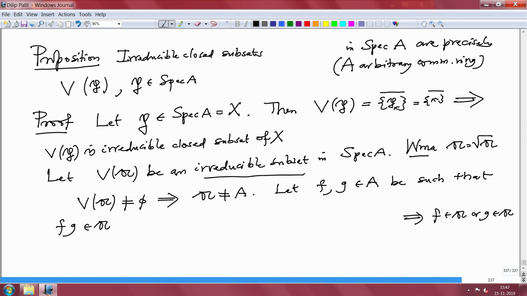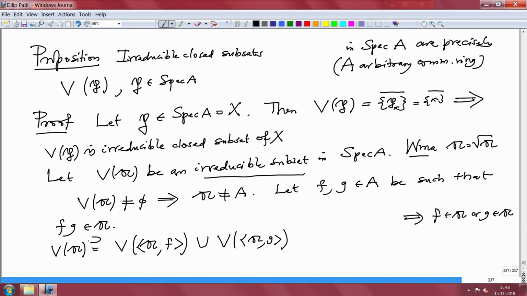So, look at V(A). V(A) contains V of the ideal generated by A and F, union V of the ideal generated by A and G. We have checked this earlier also, but this is very easy to check. First of all, the bigger the ideal, the smaller the V. Therefore, this is very clear. Both are contained there. Therefore, the union is contained there.